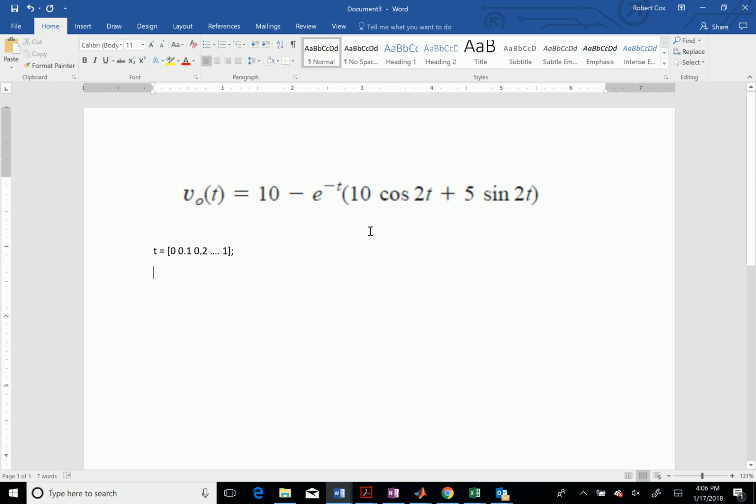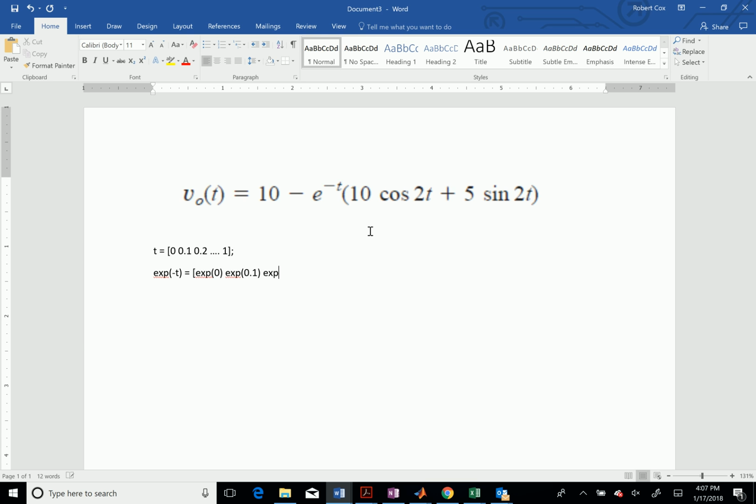Then what I might want to do is define e to the negative t. The way I would do that in MATLAB is exp of negative t. If you looked at that vector, it would have a whole bunch of numbers in it. The first entry would be exp of 0. The next one would be exp of 0.1.